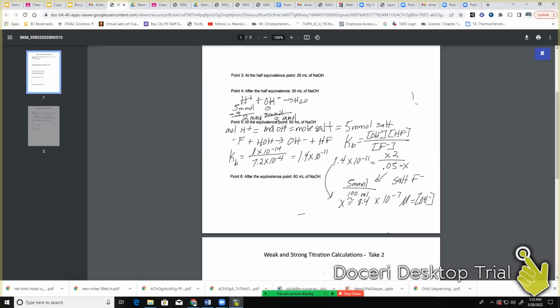So when I take the negative log of this, that's going to give me my pOH, which is equal to 6.08. And then to get my pH, because that's what the question is, I'm going to take 14 minus 6.08, which is going to be equal to 7.9.